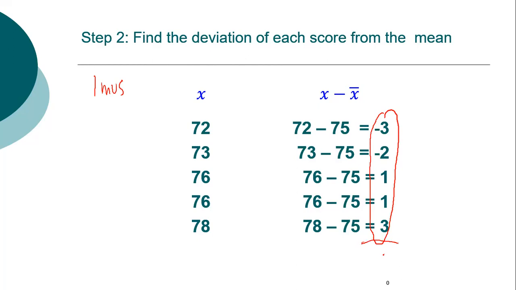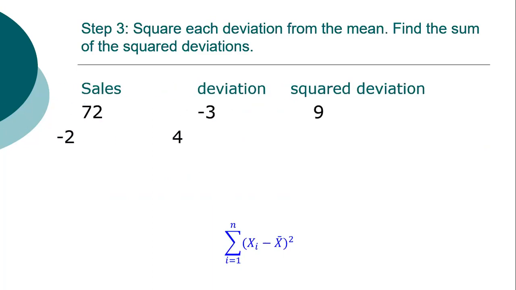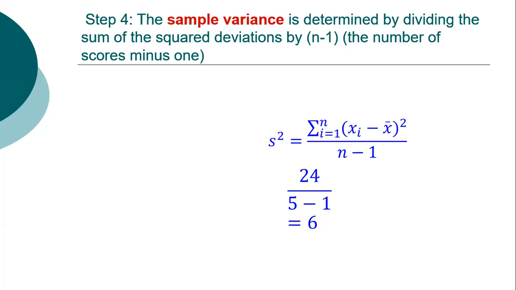So tama yung ginagawa mo. The next thing to do is to square each value and get the sum. So you square each value and get the sum. So the answer is 24. And finally, to solve for the sample variance, so 24 divided by 4, and the result is 6.